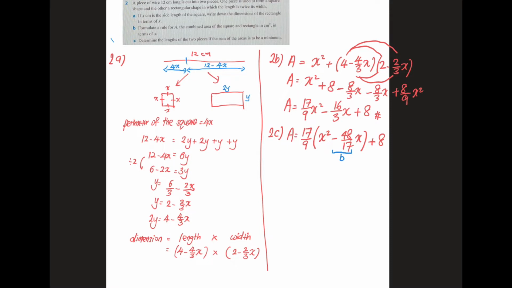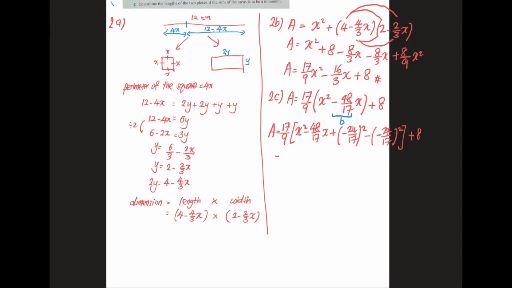This is the B. So when you do completing the square, we have to write back 17 over 9 x squared minus bx plus b over 2 squared. So b over 2 is going to be minus 24 over 17, squared, minus negative 24 over 17 squared, and then plus 8. Okay, so like that. And now we need to factorize the first three terms.